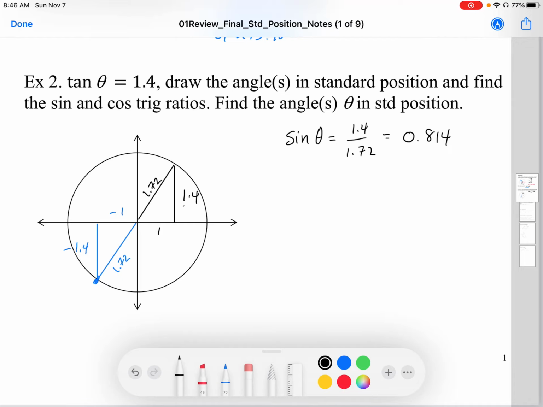Okay, and that's going to be the positive version of that. I'm going to call that theta 1. We also have a sine ratio of -1.4 over 1.72. And so that's going to give us -0.814.